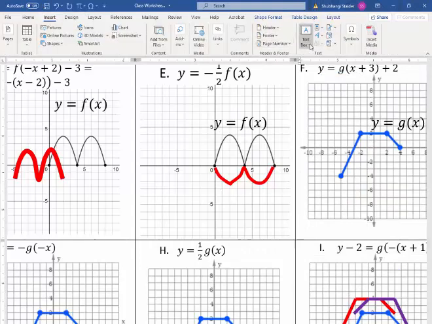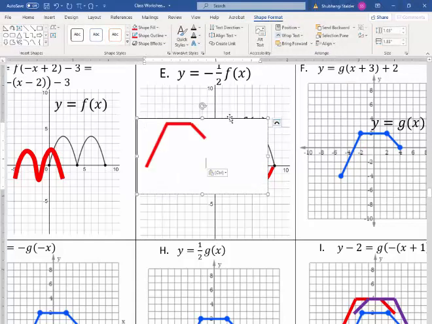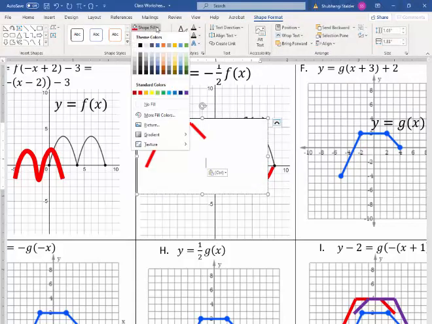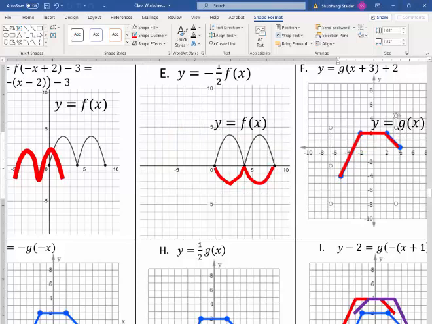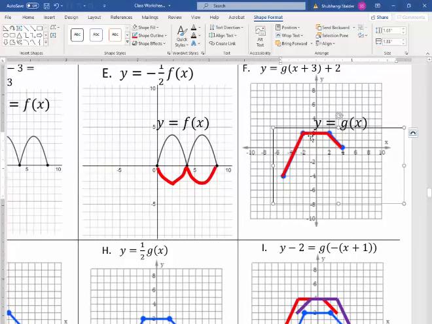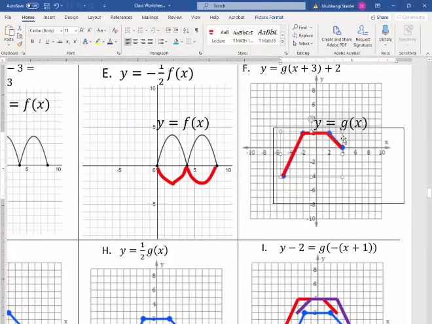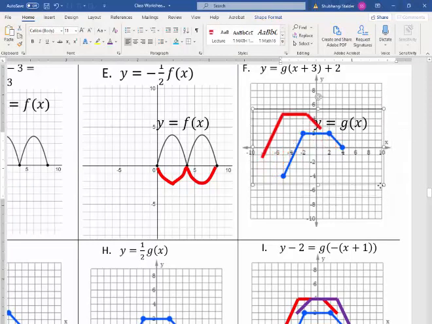Let's see. All right, this graph, what are you going to do to it? To the left 3 and up 2. Left 3, 1, 2, 3, 1, 2.